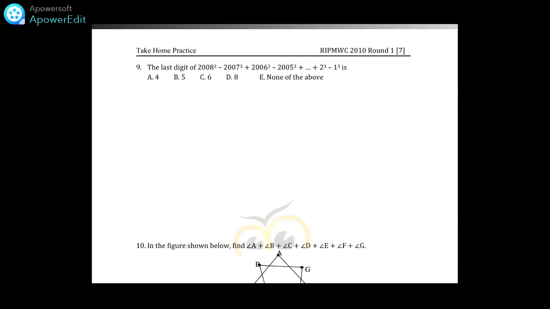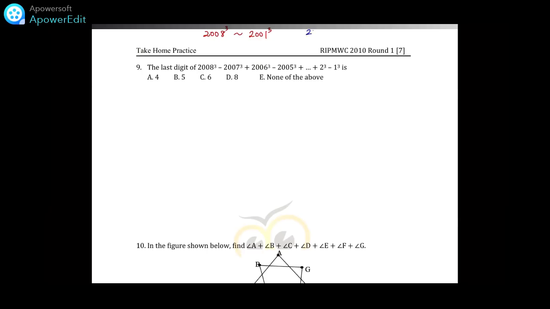Question 9. Find the last digit. So let's separate them into groups of 10. Every 10 numbers is one group, except for the first group. The first group is from 2008 to 2001. And then for the other groups, there will be 10 numbers in a group.